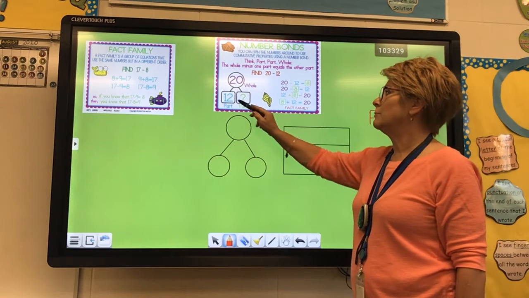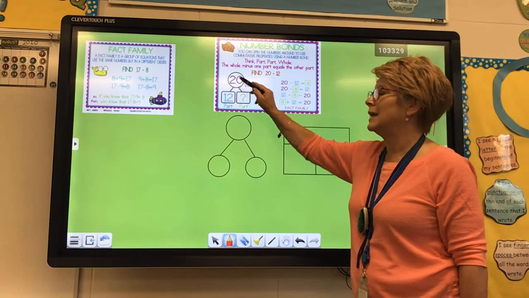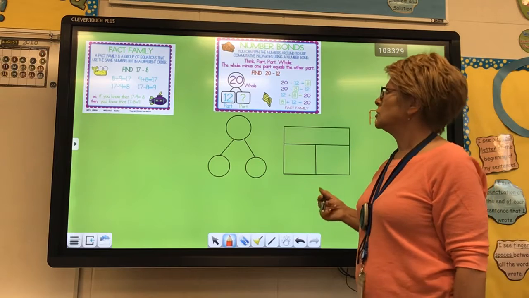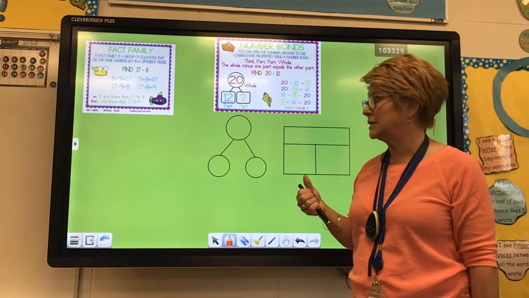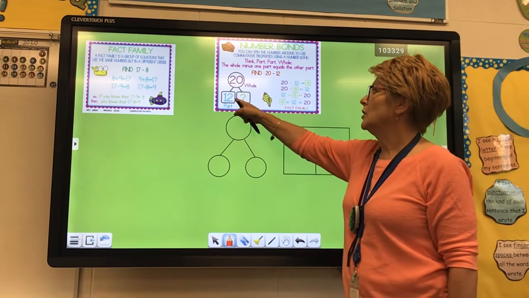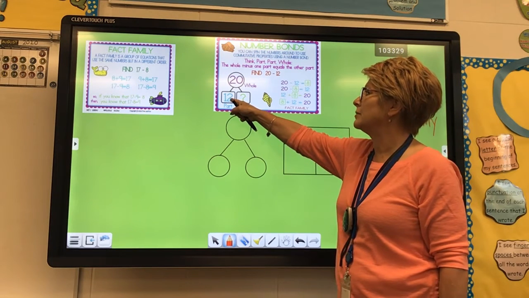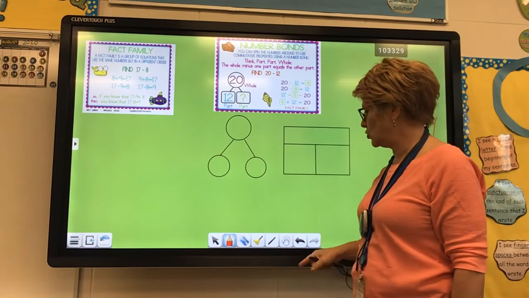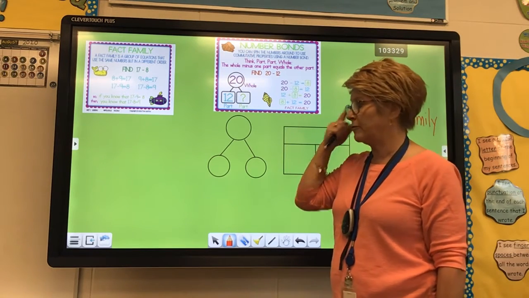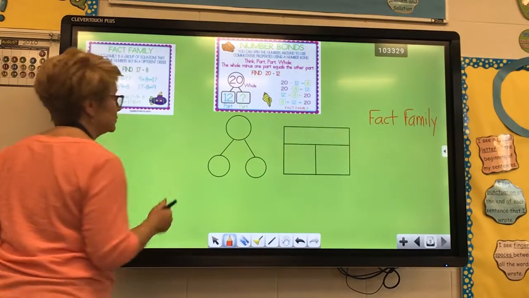Well, I can do it by 12 plus something equals 20. So we've talked about using the counting up strategy to find that missing number. So if I have 12 and I need to know 12 plus what is going to get me to 20, I can put 12 in my head and I can count on.